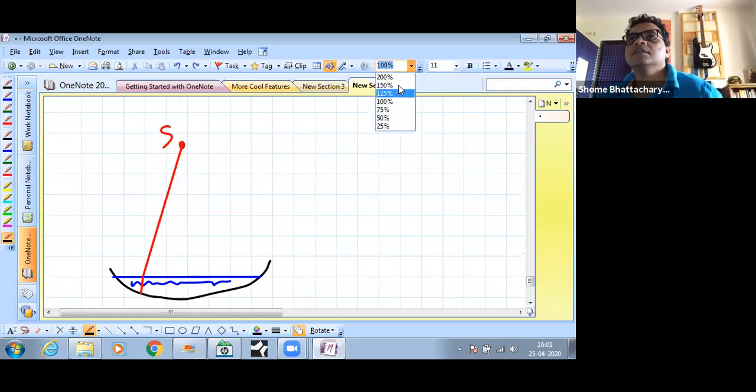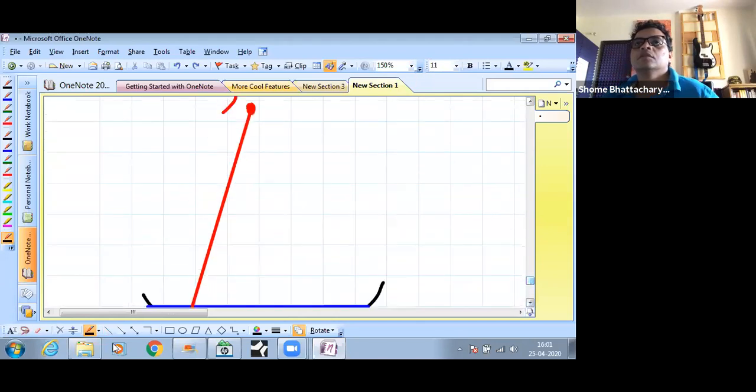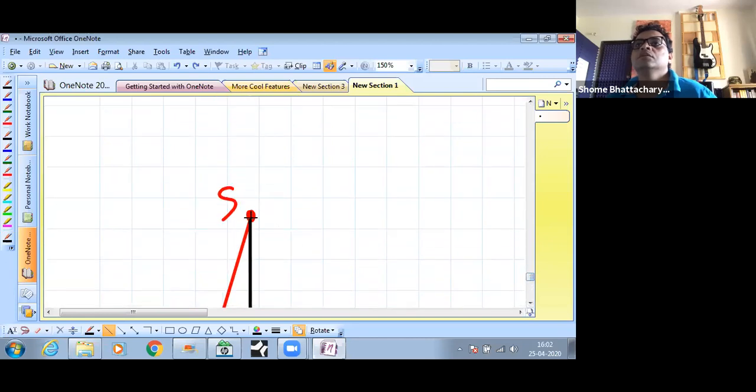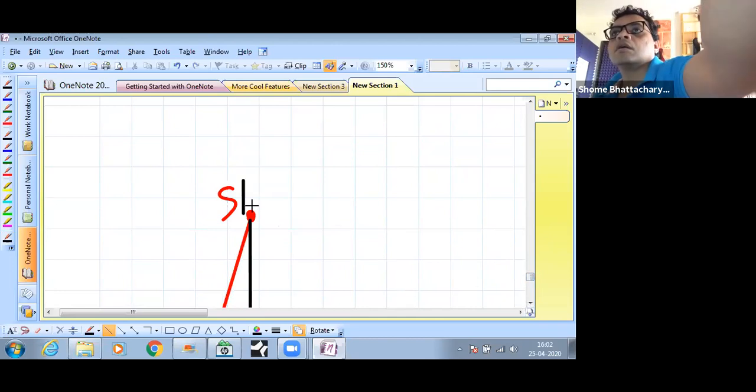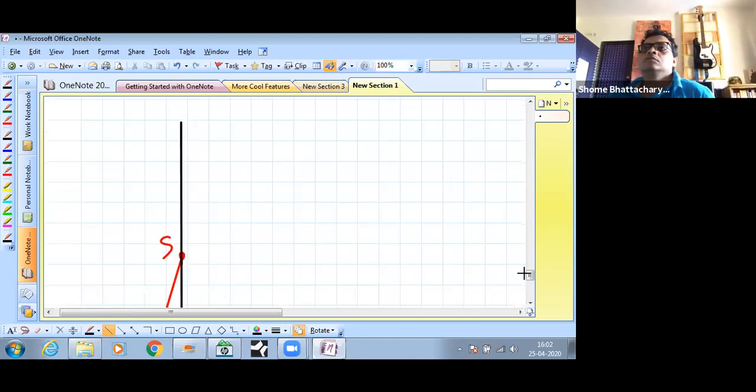So we just magnify this diagram sufficiently. So this is my principal axis continuum.